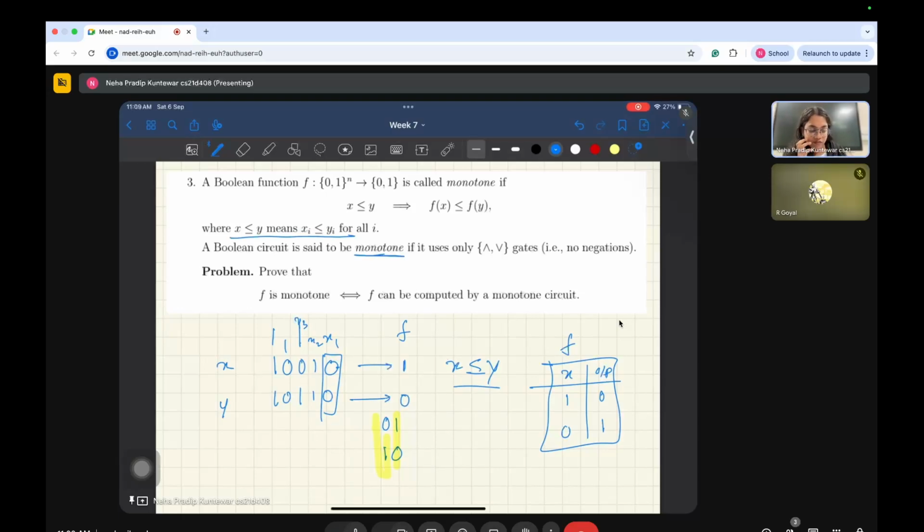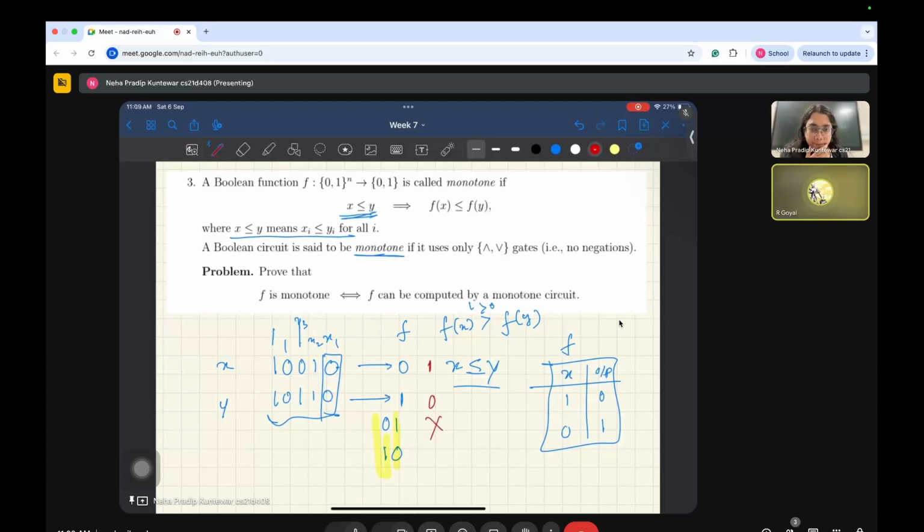So f of x greater than f of y, 1 greater than 0, cannot happen. If this is 1, it will have to remain a 1. If it were a 0, it could become a 1 now, but it can't be that this was a 1 but became a 0.